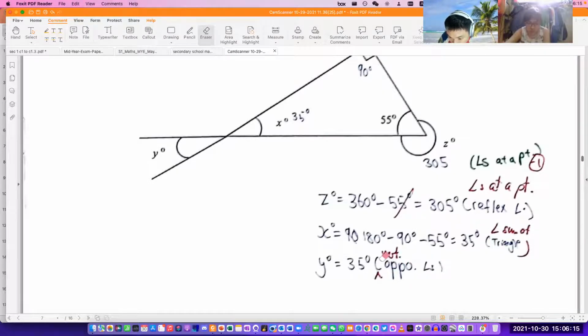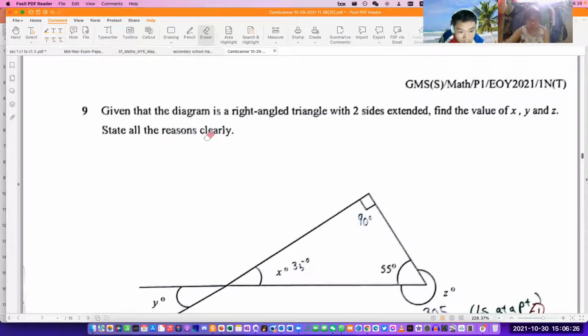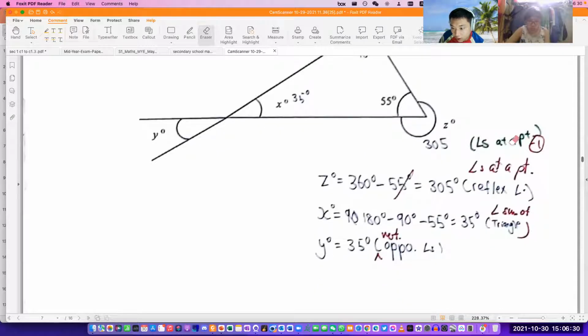You never write the statement correctly. Okay, you need to write the statement correctly. Then state all the reasons clearly. You forget the statement already.